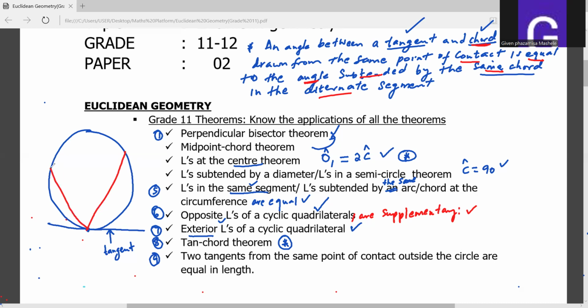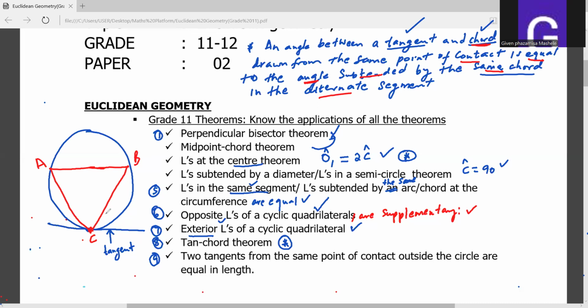Let's name these: this is point A, point B, point C.